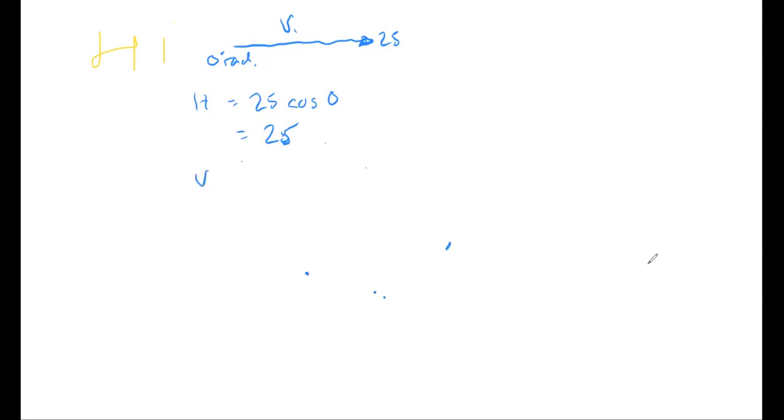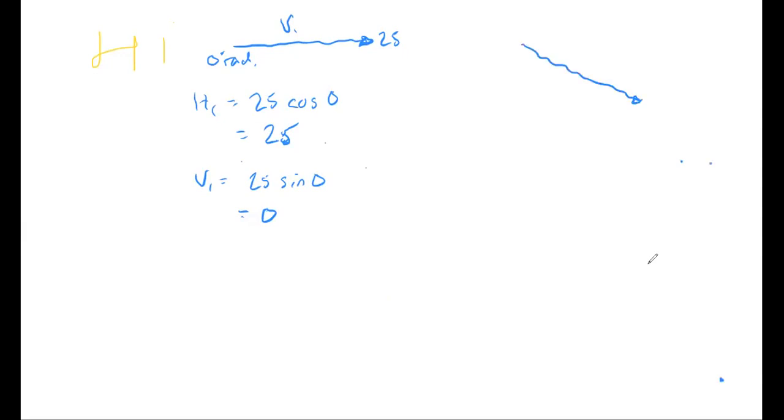Vertical component is 25 sine of 0, which is equal to 0, because the sine of 0 is nothing. All follow that? Then we've got this other phasor. I'm going to deal with them separately, I think is the easiest way.